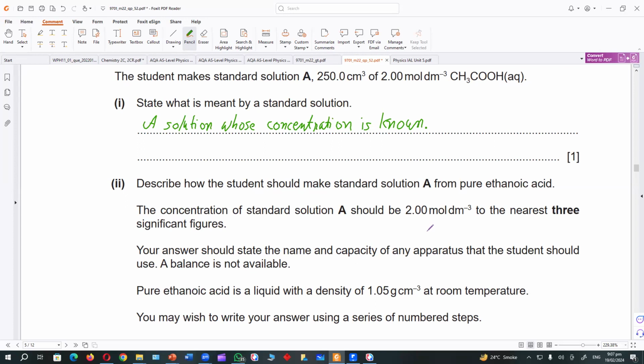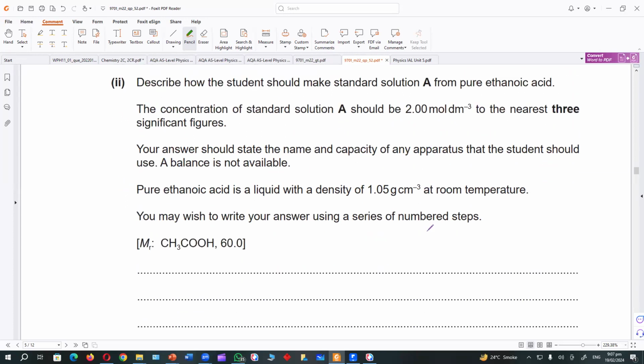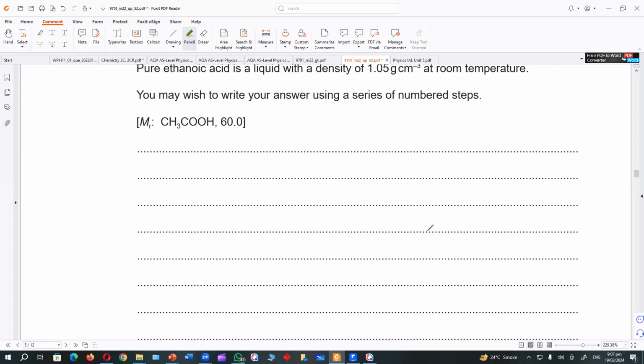A balance is not available. Pure ethanoic acid is a liquid with a density of 1.05 gram per cm³ at room temperature. You may wish to write your answer using a series of numbered steps. Molar mass is known, so we can first mix it in a little volume of distilled water.